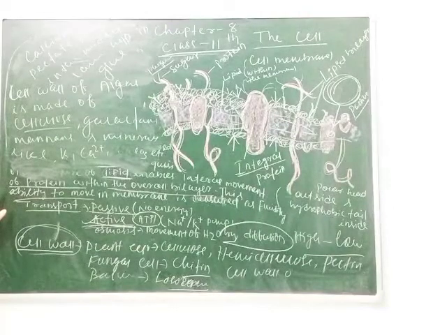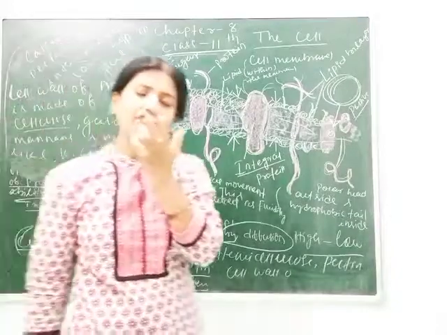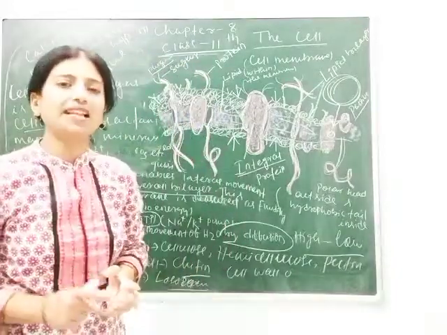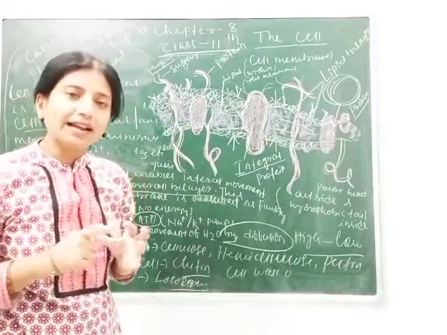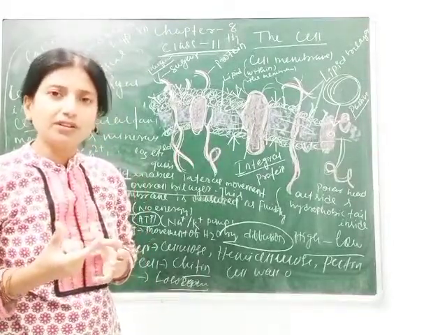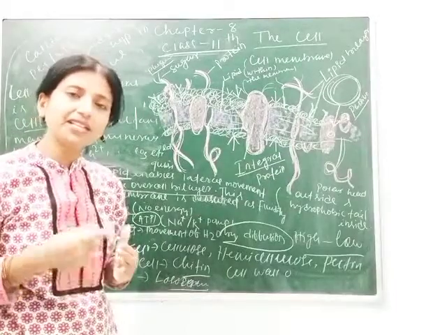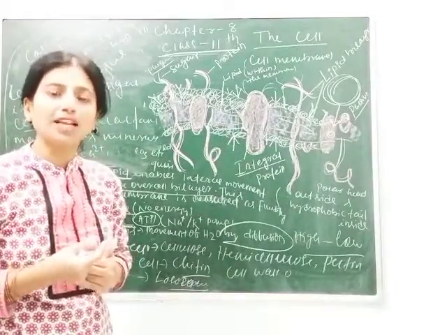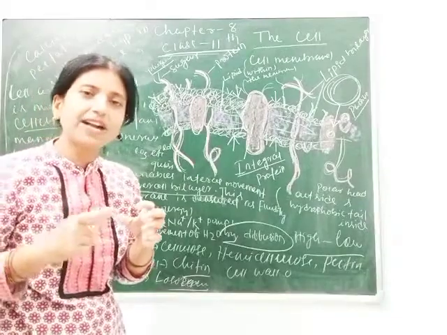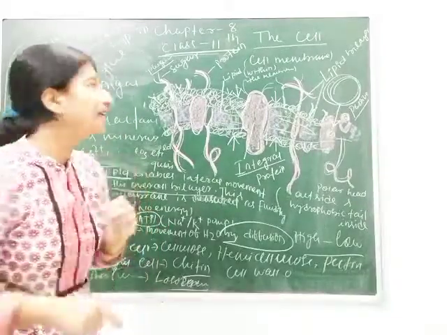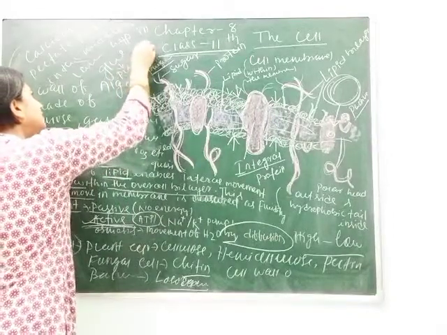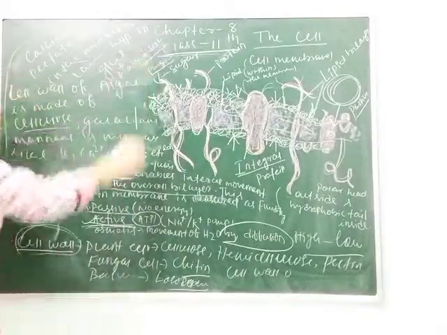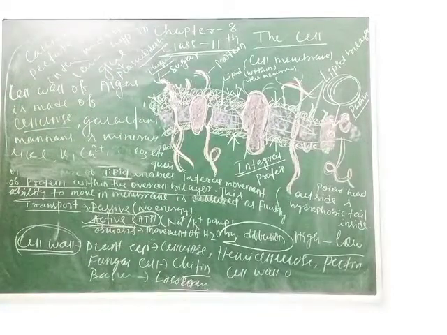Clear, students? Next, the middle lamella of the cell wall has plasmodesmata. When we study synergids and antipodals in chapter 13, you will know about plasmodesmata. Plasmodesmata are present on the middle lamella, through which the movement of water can occur.